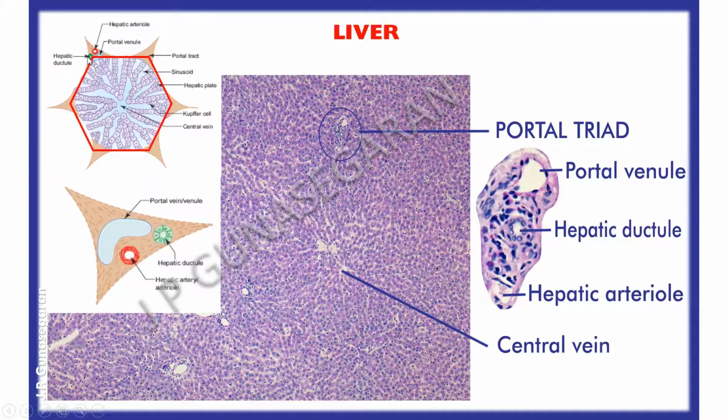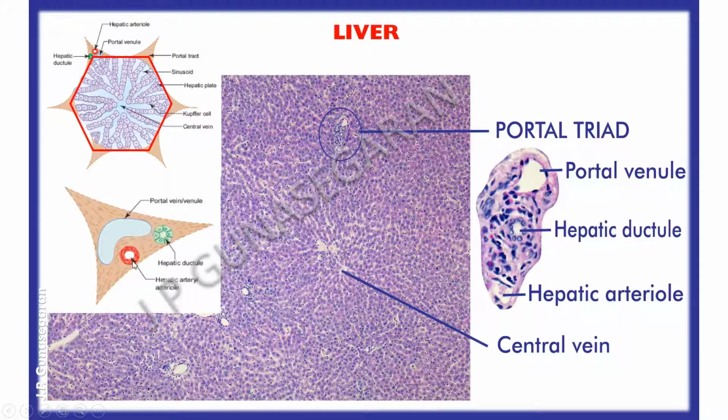This is an enlarged picture of the triangular portal tract where one can see the three structures, namely the portal vein, the hepatic artery and hepatic ductules.